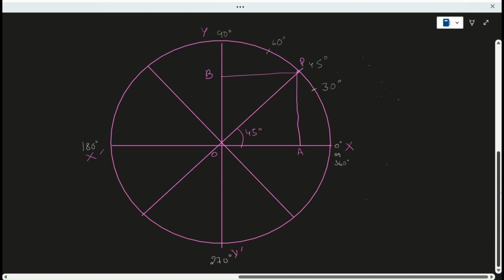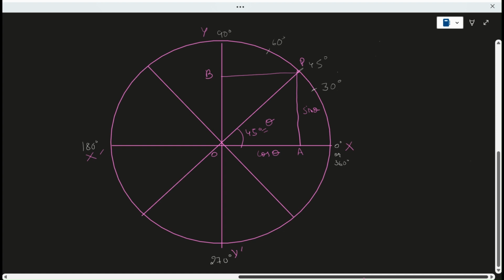We saw in our last lecture this is sine theta and this is our cos theta. Now, what do we see when we have drawn an angle theta that is of 45°? This will exactly bisect.